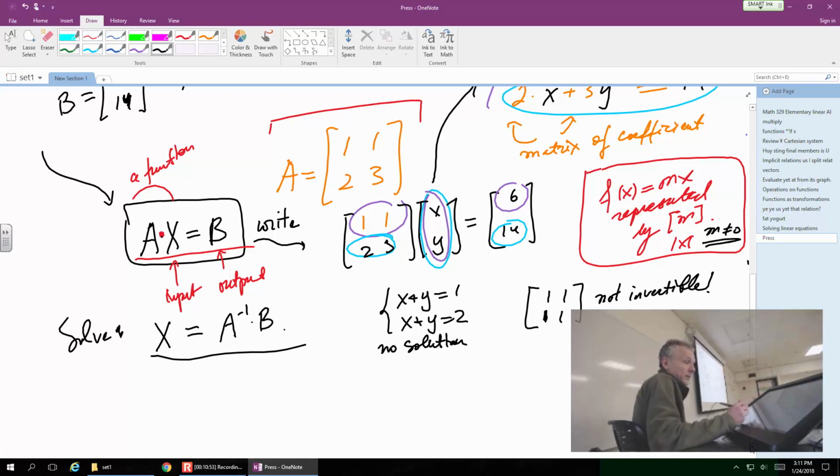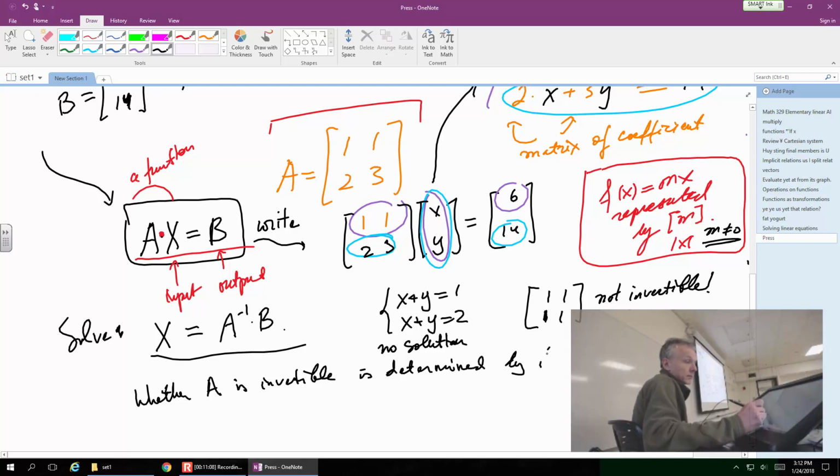Whether it is invertible is determined by its determinant.